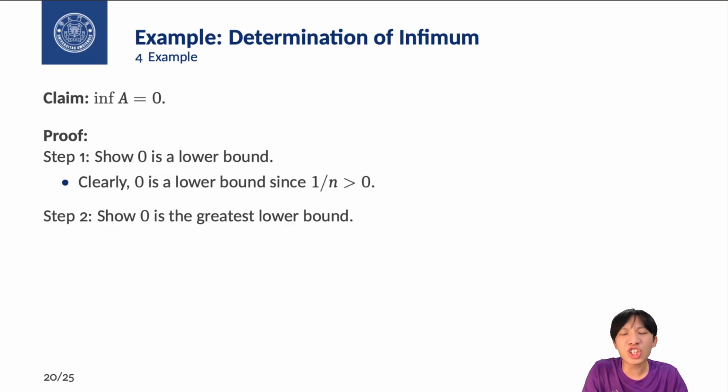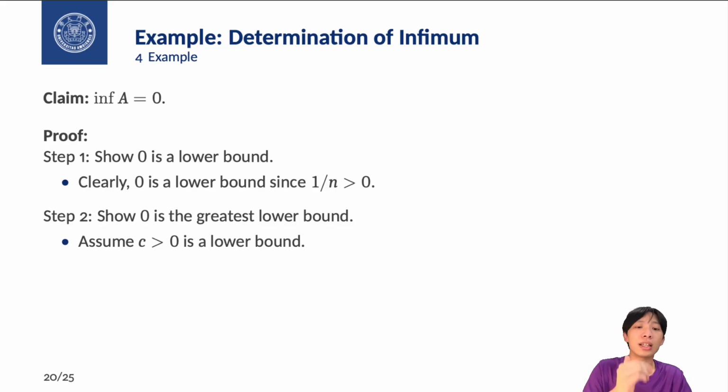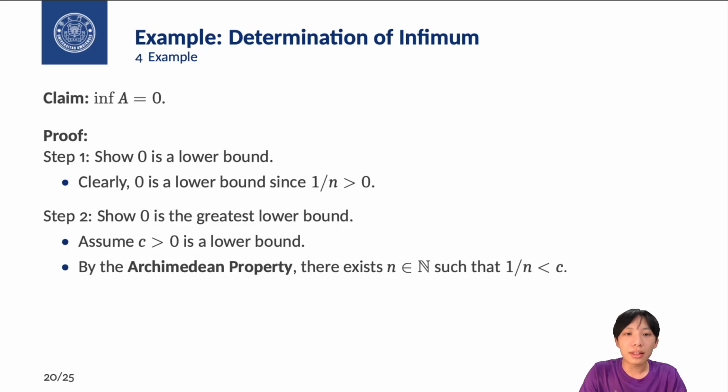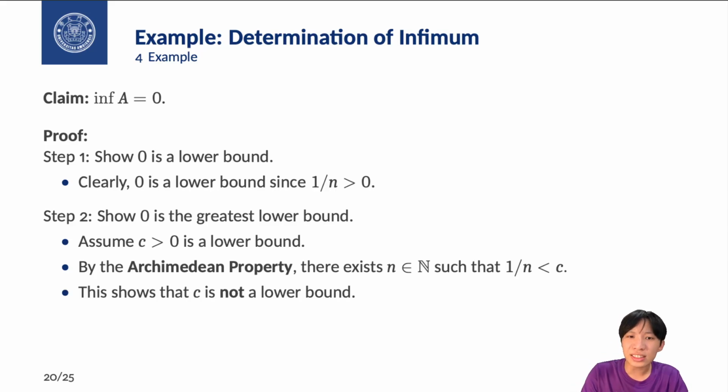Assume for the sake of contradiction that there exists some number c greater than 0, which is a lower bound. By the Archimedean property, we know that there exists some positive integer n such that 1 over n is less than c. And we notice that 1 over n is an element in the set. This means we found an element in the set that is smaller than c.